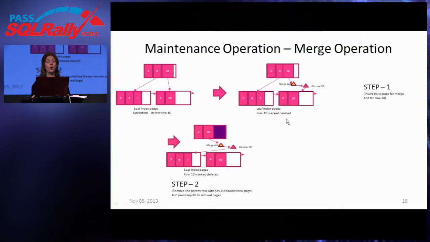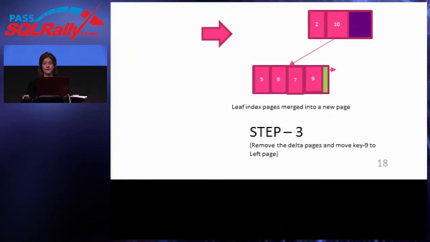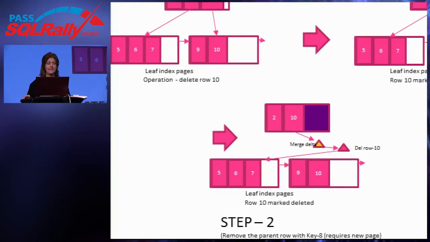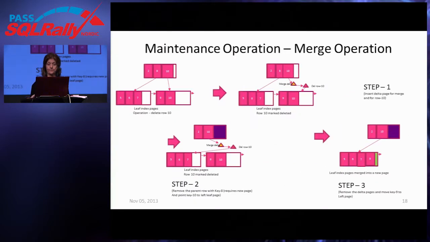And then it will create a whole new page for the upper level that removes the upper limit to the first page, and then a new page at the lower level, which has the contents of the 2 leaf pages combined together. So we had 2 pages, 5, 6, 7, 9, and 10, and we combined them into one new page and adjusted the pointers. 5, 6, 7, 9 all fit on a single row here.